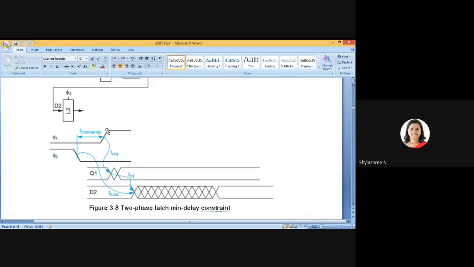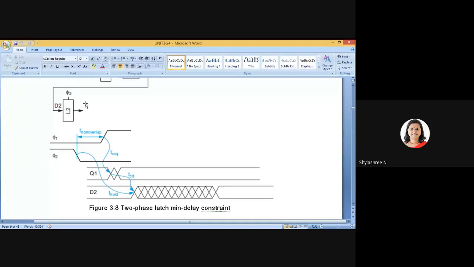The contamination delay constraint applies to each phase of the logic, because in a two-phase transparent latch system, we are using two half cycles.